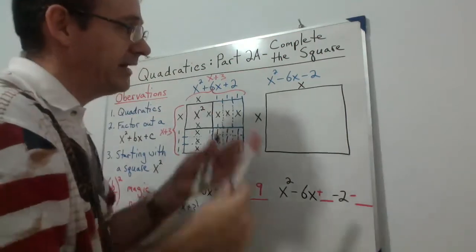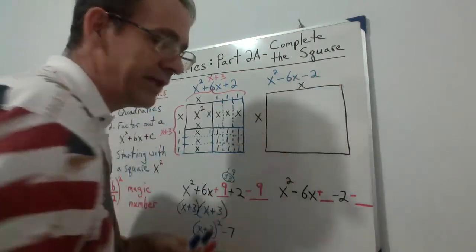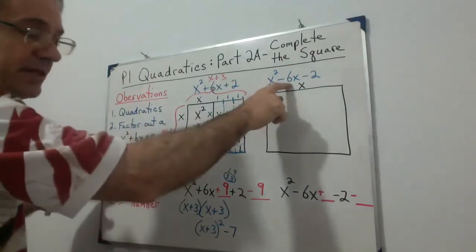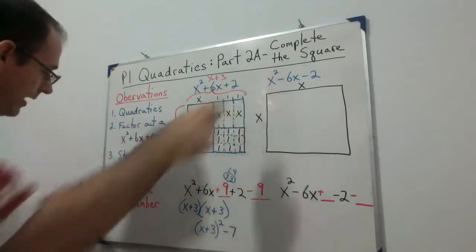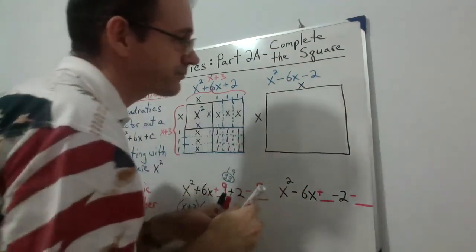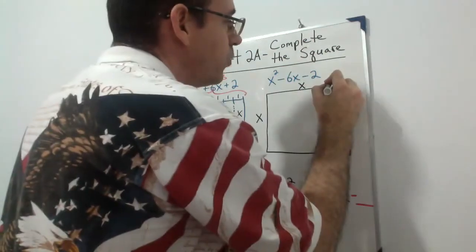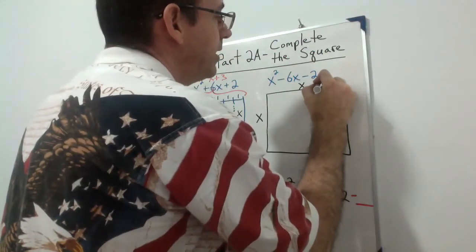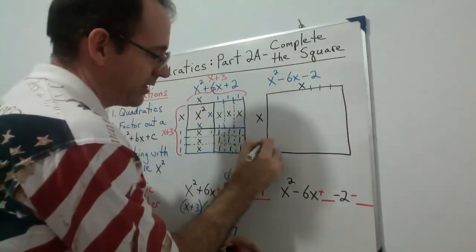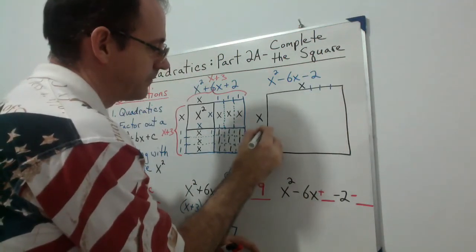Okay, so again, since we have to do it equally on two sides, we have to take our b term, the b number, and we have to divide it by 2 because we need to do it equally on two sides. So now we're going to take away 3 units, 1, 2, and 3. And I have to take away 3 units from this side.